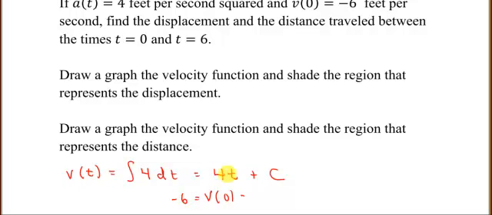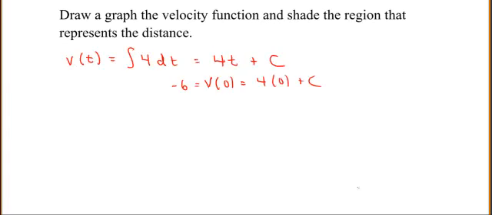And v of 0 is the velocity function with each instance of t replaced by 0, so it's 4 times 0 plus c. Equating these, negative 6 is equal to c. So v of t is equal to 4t minus 6.